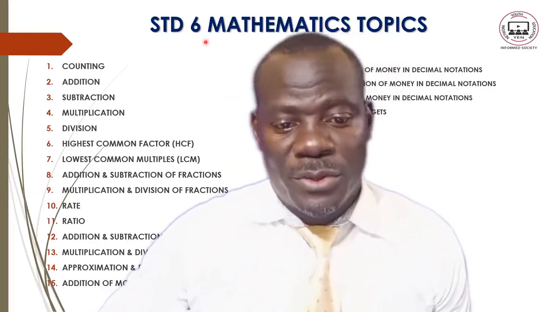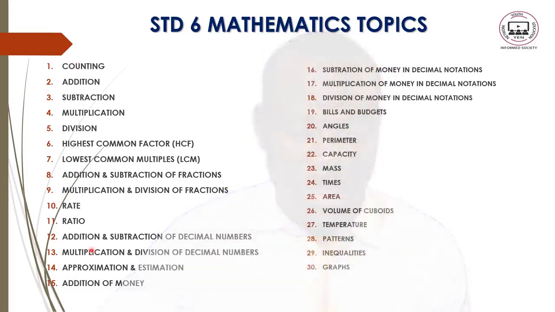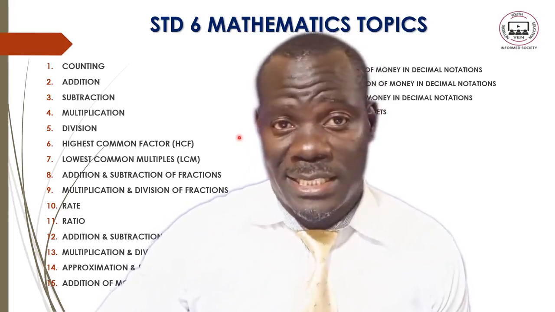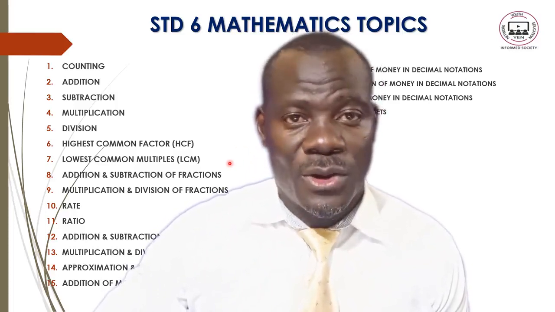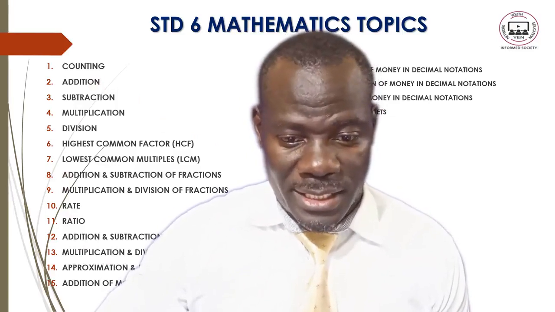But before we proceed, remember these are the 30 units. I remind you now and again so that you know the journey in Standard 6 of mathematics. All the 3 terms, you are supposed to look at these 30 units.